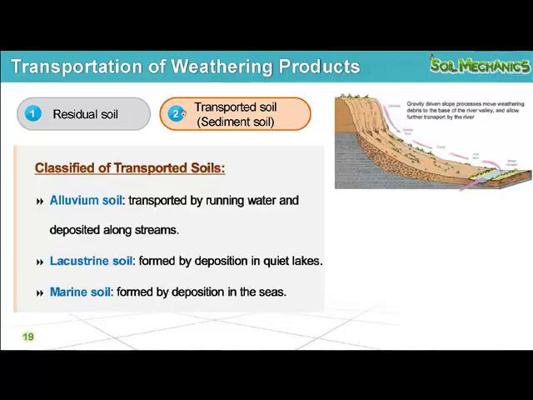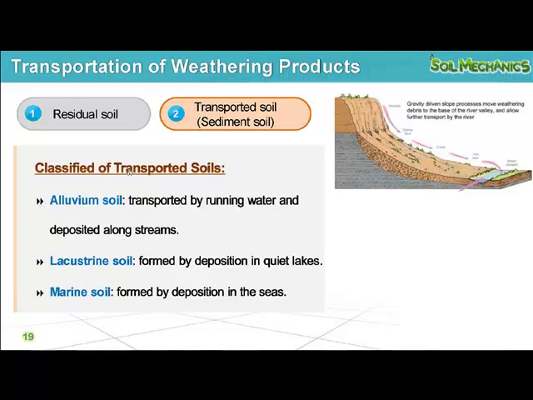For transported soil, we can classify it as follows. First is alluvium soil, which is soil transported by running water and deposited along a stream.